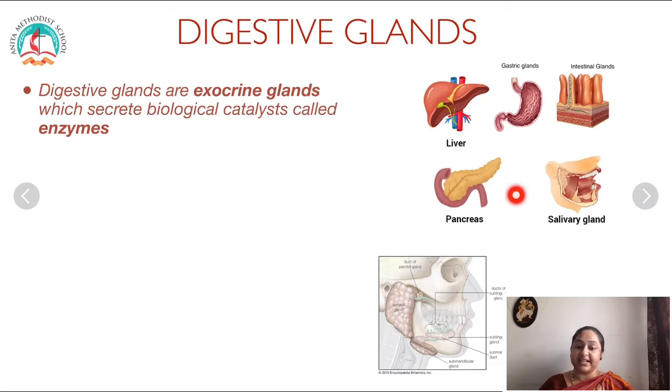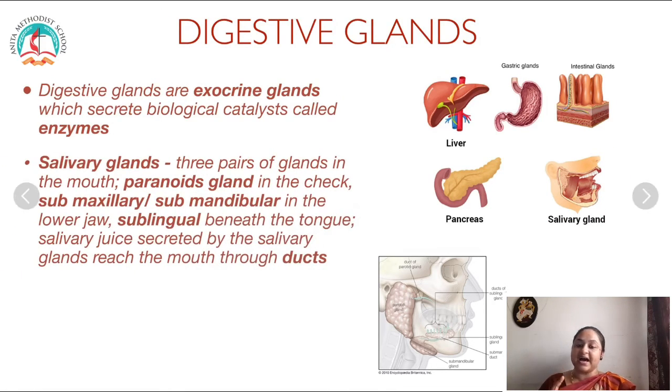Starting with the salivary glands, there are three pairs of glands in the mouth: the parotid gland, which is in the cheeks, submaxillary or submandibular in the lower jaw, and the sublingual beneath the tongue. Salivary juice secreted by the salivary glands reaches the mouth through ducts.